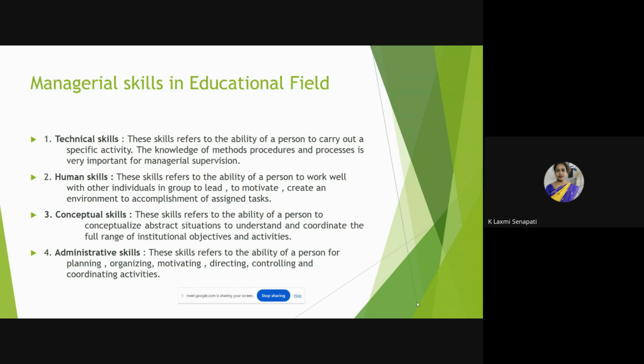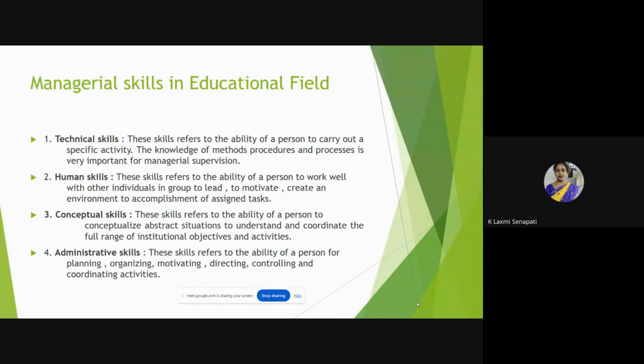I have the power, but it doesn't mean that I am the superior. The teachers and students will obey you, but how will they obey?